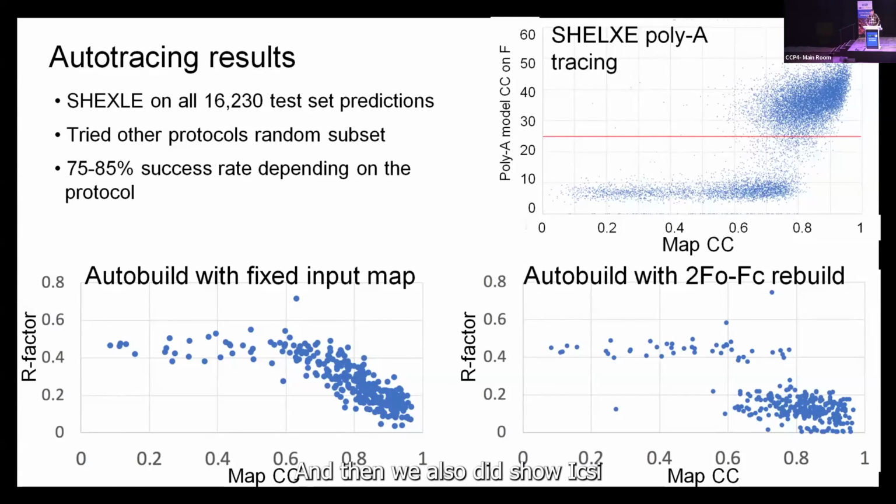And then we also did SHELXE poly-A tracing, which also included density modification. Depending on which protocol we used, we found that 75 to 85% of the test cases could be successfully traced.